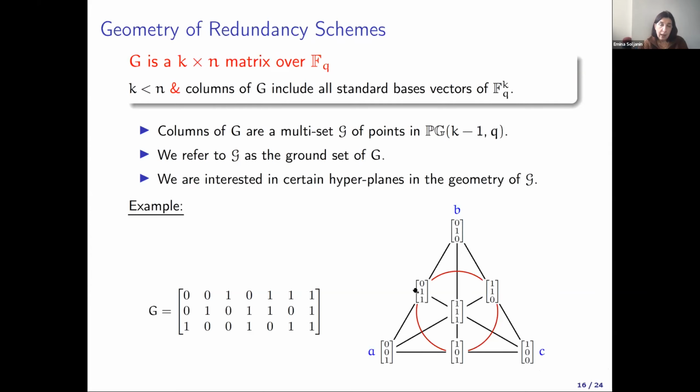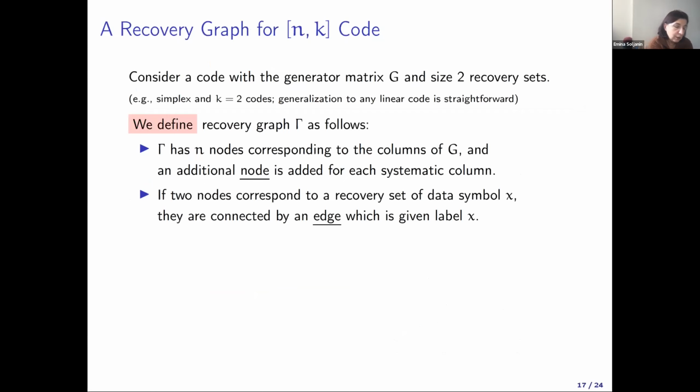And this red line here is formally a line. Why? Because when I XOR these 3, any connection between 3 here, I get a 0. So that means the third is a linear combination of the other 2, which is the formal abstract definition of a line. I can also define something that we call the recovery graph of codes, and in the interest of time, I will skip that.